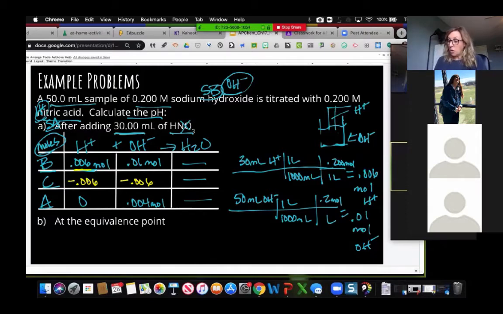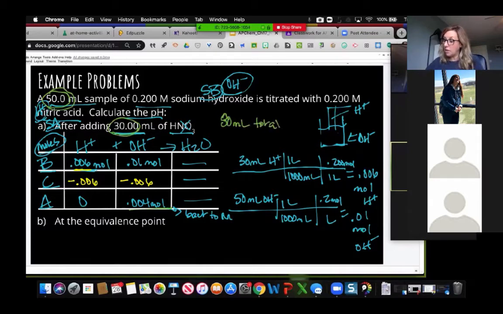Now that we know how much OH minus is left, we can use our pH calculations. But before we can do that, you have to change this back to molarity. So to do that, I'm going to divide by the new volume. So I mixed 50 milliliters with 30 milliliters, so now I have 80 milliliters total.